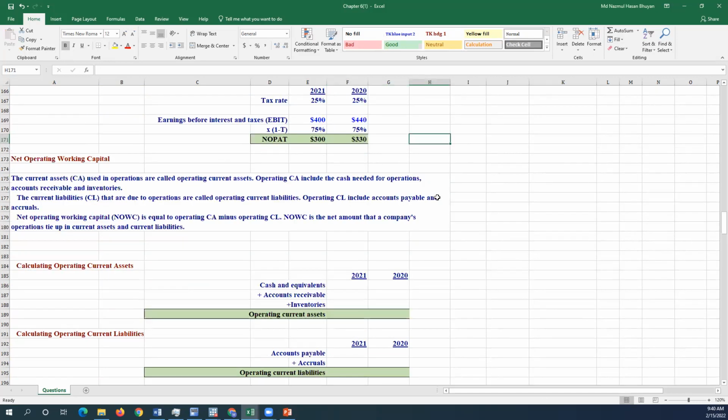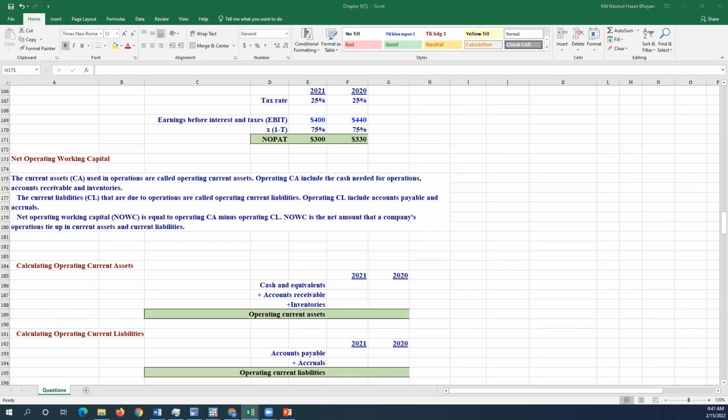All right. Now let us calculate our net operating working capital. So net operating working capital is the difference between operating current assets and operating current liabilities. So first let us calculate operating current assets followed by operating current liabilities.